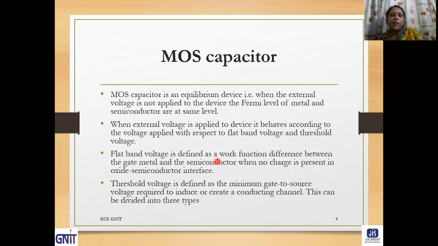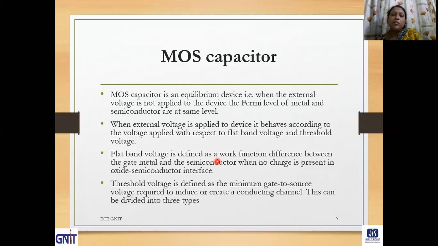Now, the most important thing is the MOS capacitor. The MOS capacitor is an equilibrium device, that is, when the external voltage is not applied to the device, the Fermi levels of metal and semiconductor are at the same level. But when external bias is applied, it behaves according to the voltage applied with respect to flat band voltage and threshold voltage.